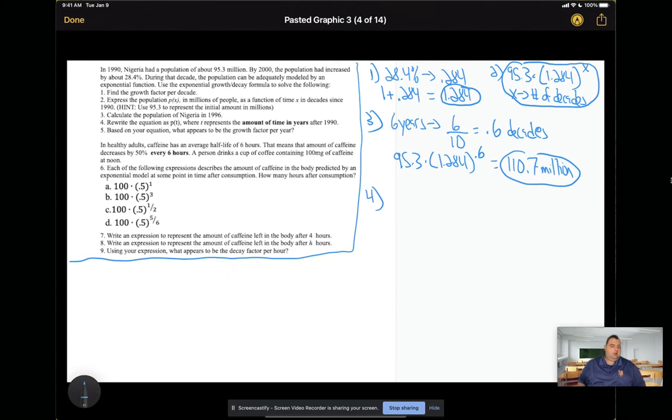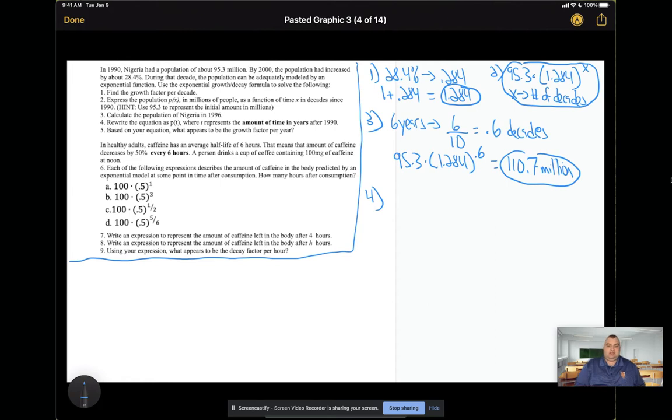Number 4, rewrite the equation as P of T, where T represents the amount of time in years after 1990. The way I have the equation written currently is that the X value is the number of decades. So now I'm going to rewrite it such that the variable does not represent decades, it represents years.